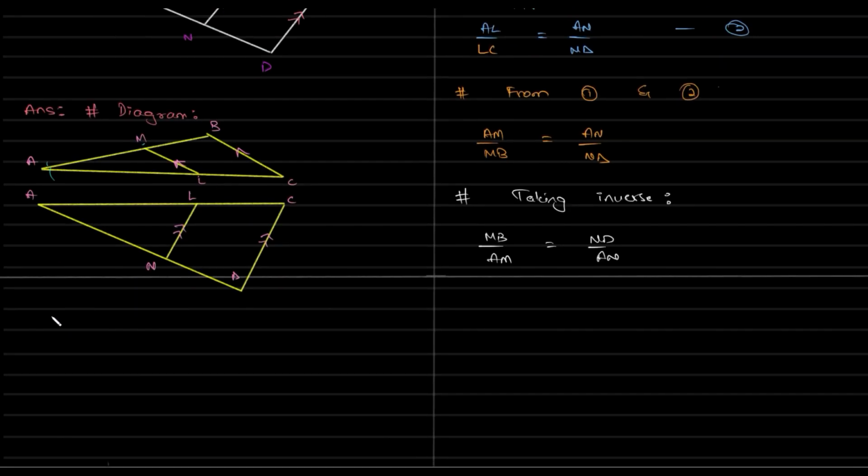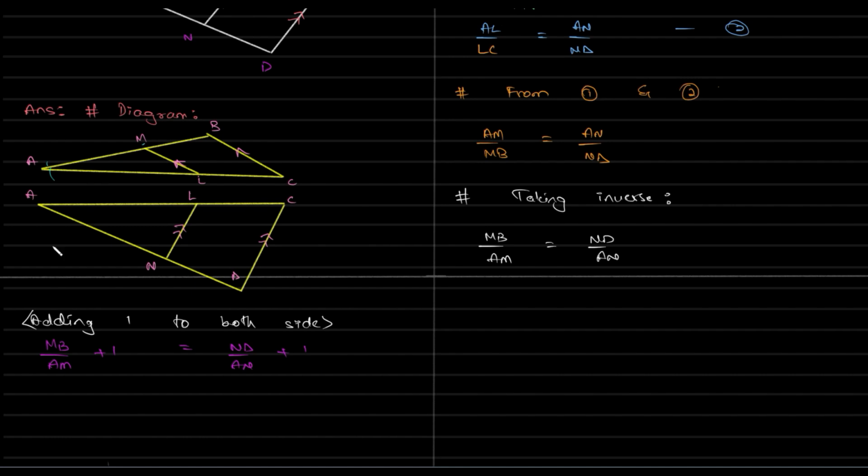The next thing which I have to do is adding numerical 1 to both sides. So we have MB by AM plus 1 is equal to ND by AN plus 1.